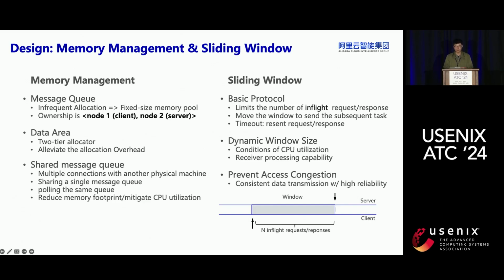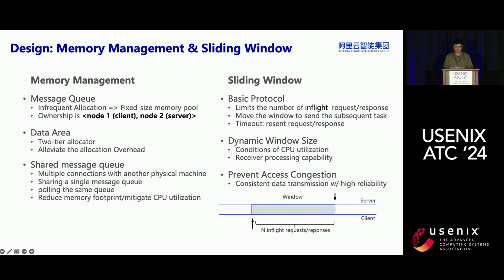Besides, HydraRPC employs the sliding window protocol to control the data transmission flow. The sliding window limits the number of messages that can be sent before an acknowledgement is received. This window size can be dynamically adjusted based on the conditions of CPU utilization or receiver processing capabilities. When the client needs to push multiple requests to the request message queue, it can control the number of additional requests that can be sent.